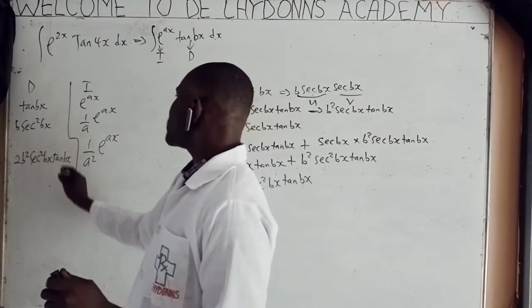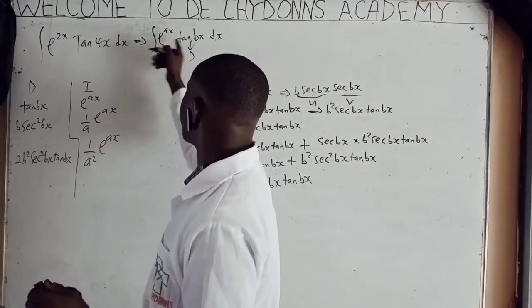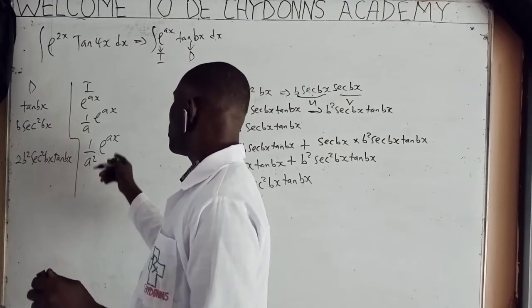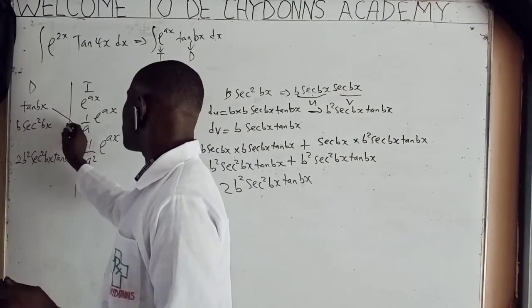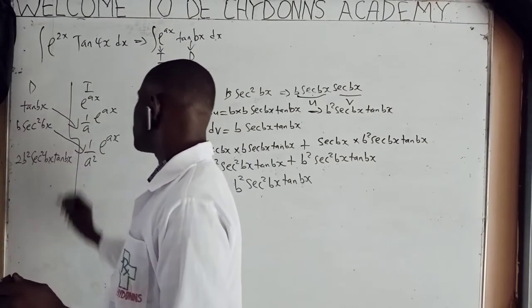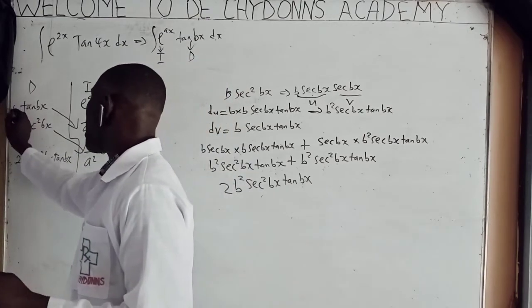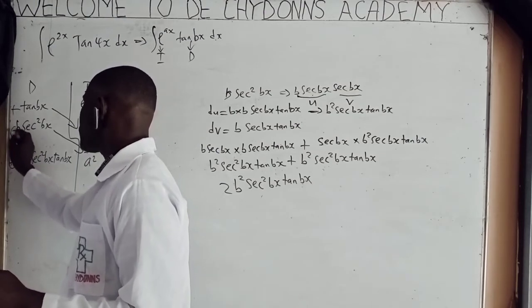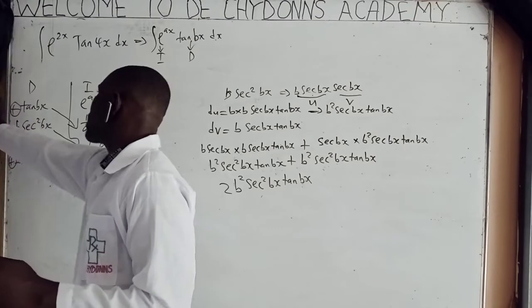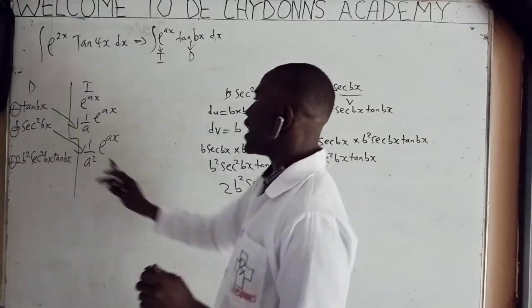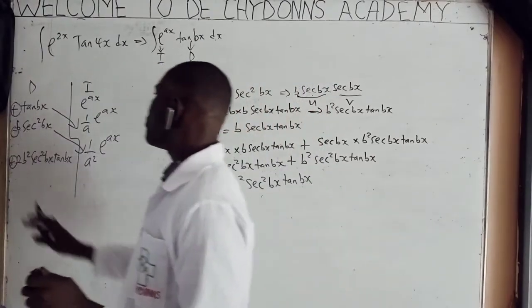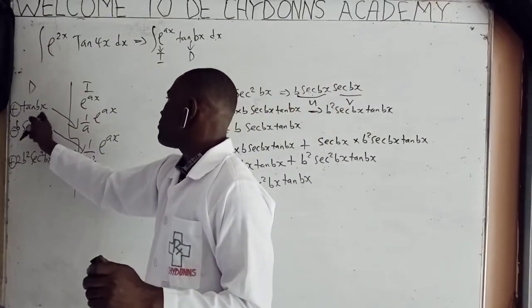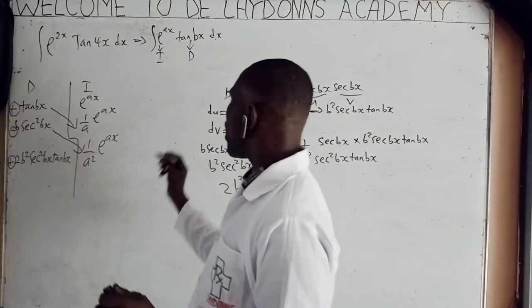Now, because what we have is exponential times tan bx, we have tan bx and exponential in this line. What you do is that you put an arrow this way and put plus, minus, plus. These plus, minus, plus are constants. This means plus tan bx times this. So see what we do.